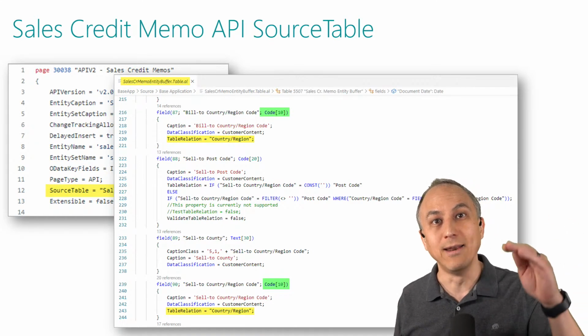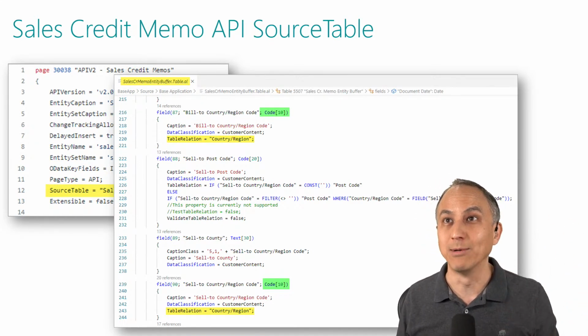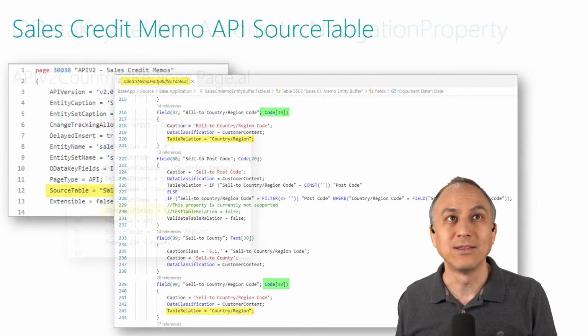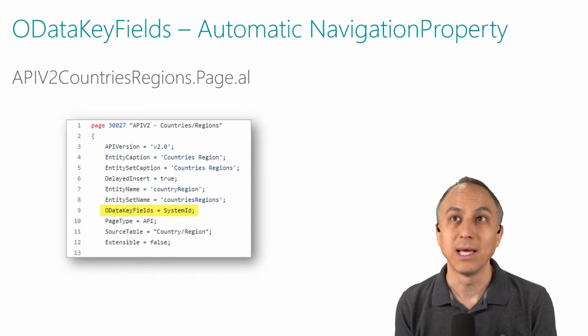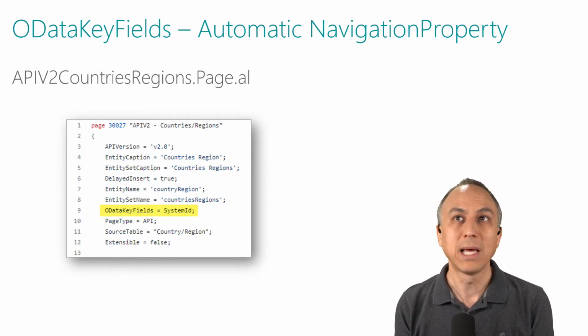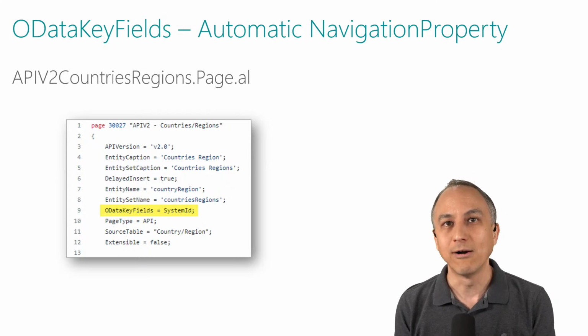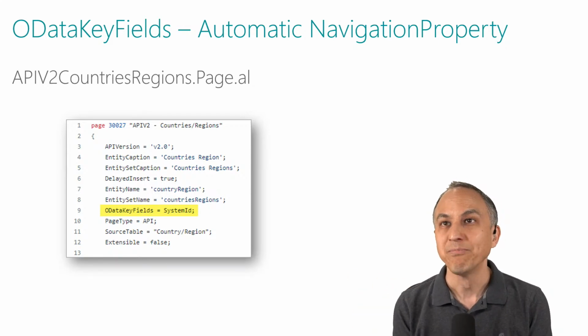Let's go another level deeper down the rabbit hole here. Let's take a look at the country region page, API page. If we go to API v2 countries regions page, you will see there is a page property called OData key fields. And AJ Kaufman explained this to me.